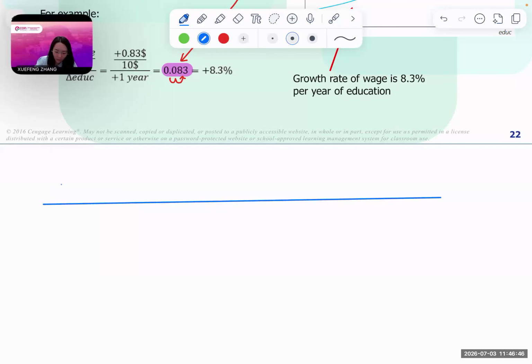So before, the linear model, beta 1 hat equals 0.54, right?